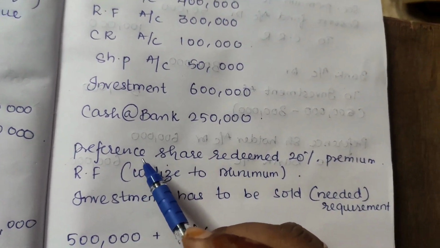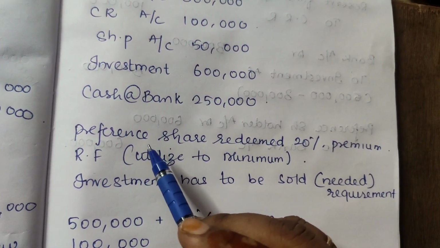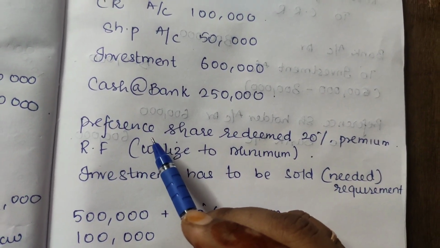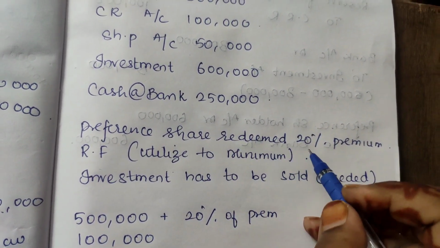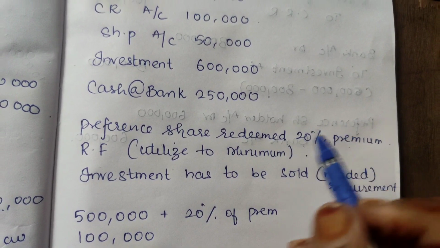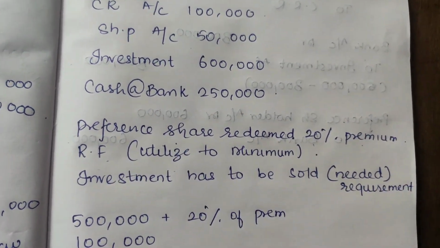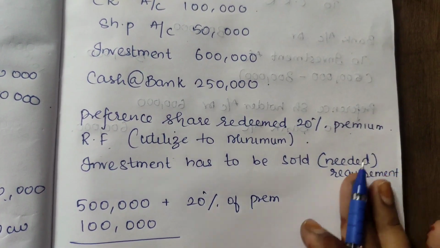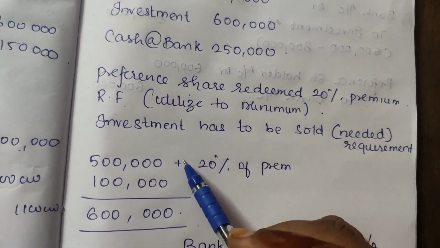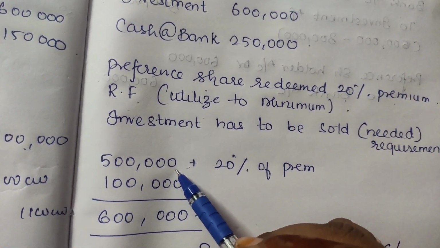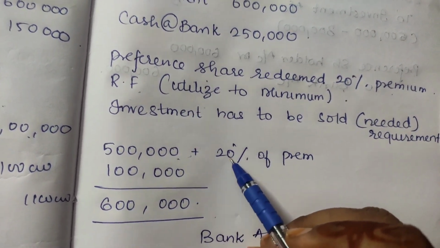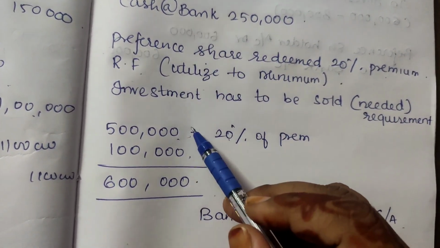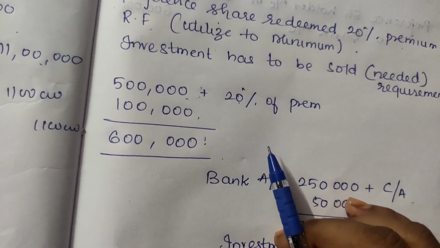So here it has given certain adjustments, like preference shares have to be redeemed with 20% premium, we have to utilize reserve fund to the minimum, and investment has to be sold as per the needed requirement. So overall 5 lakh is the redeemable preference share, 20% premium is 1 lakh, overall 6 lakh we have to redeem.